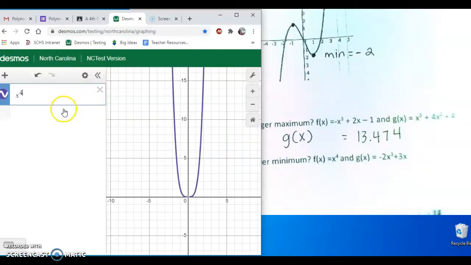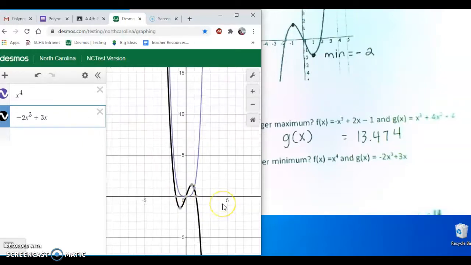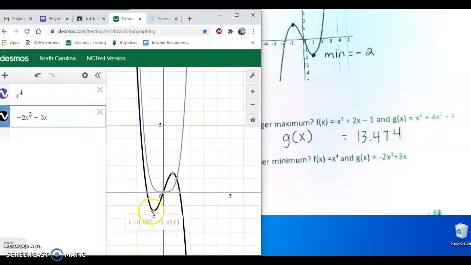x⁴ and then -2x³ plus 3x. Okay. So here, the purple, the minimum is way down here at the bottom. The black one has a minimum down here.